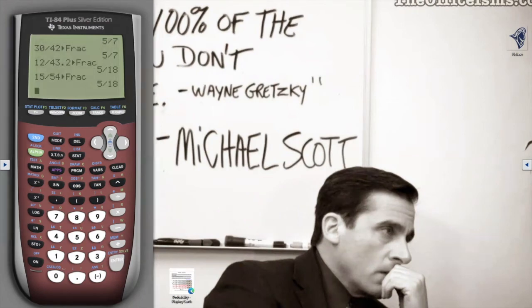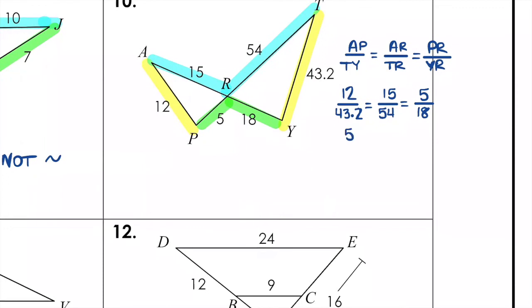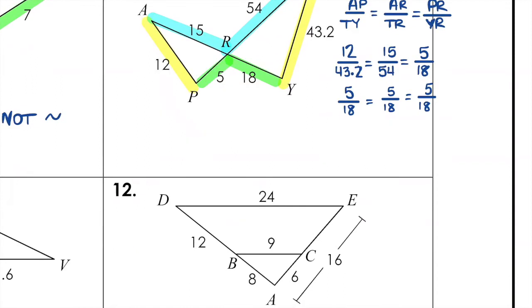And then what was our final one anyways? 5/18. So when we write these all out in their reduced form, are all three ratios the same? As long as that's true, we can prove similarity with side, side, side. Yes. So we've got ARP is similar to TRY.